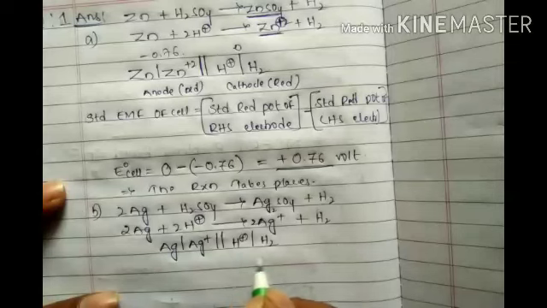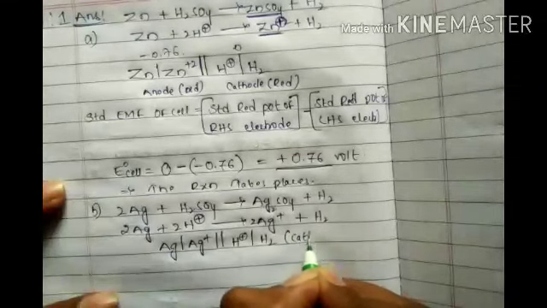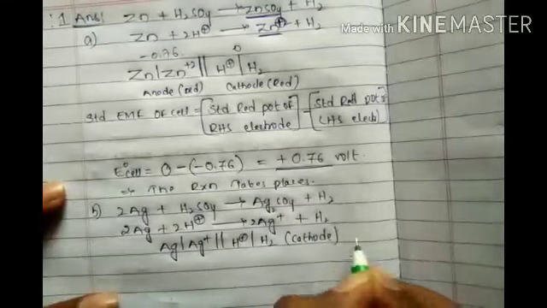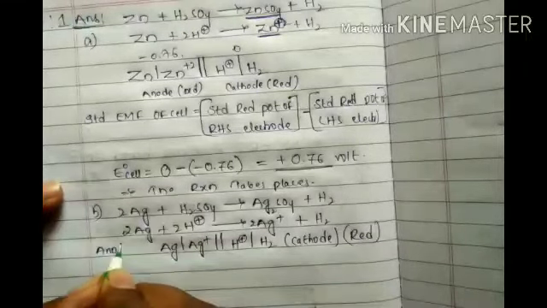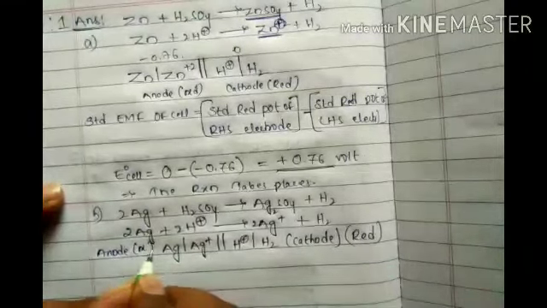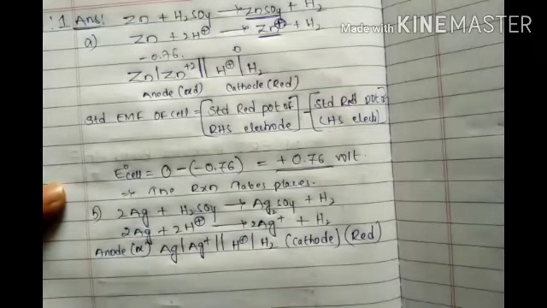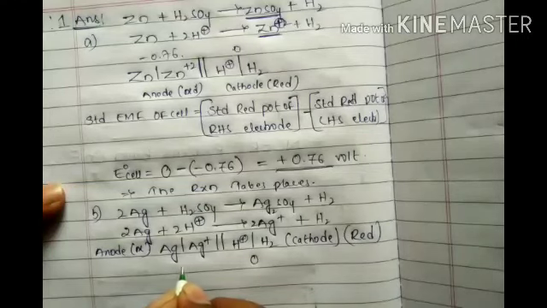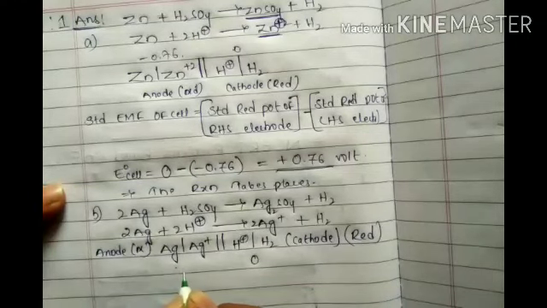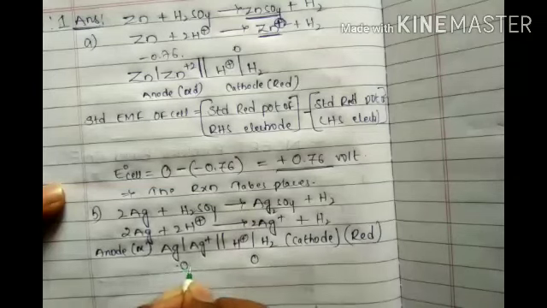Here what are we taking? Here we take the cathode place. Cathode is reduction, anode is oxidation. Got it? What is the value? It is 0. For silver they have given 0.80.